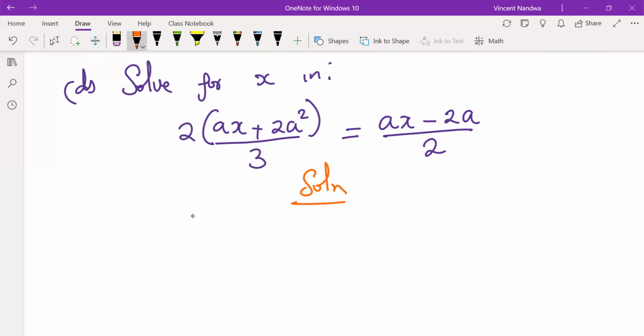Now, the best thing to do is to multiply both sides by the LCM of the denominators. So the LCM of 3 and 2 is 6.